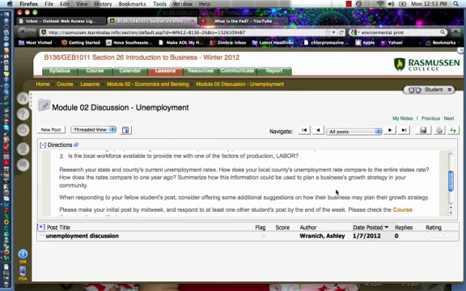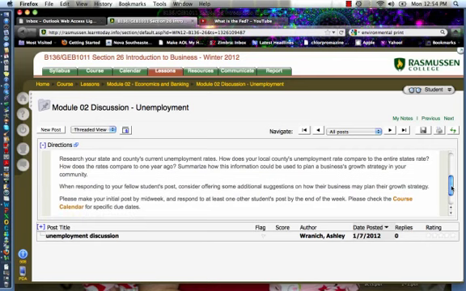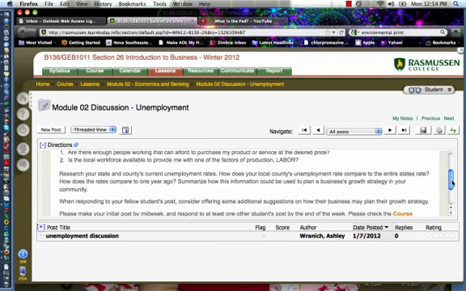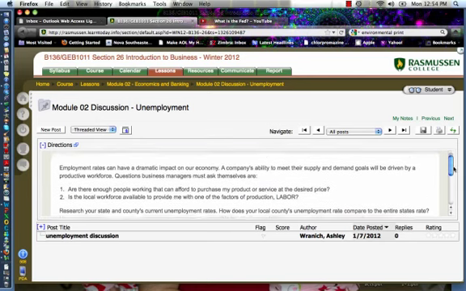This can show whether job opportunities are good or not good in your area. And remember, when you're responding to your peers' posts, please make sure to offer suggestions and resources that can help them grow in their area of knowledge.